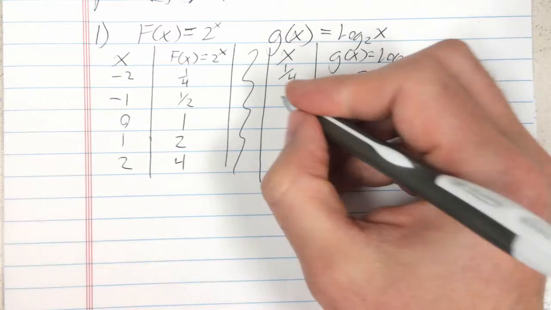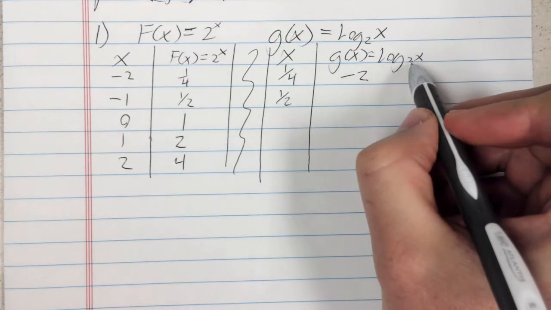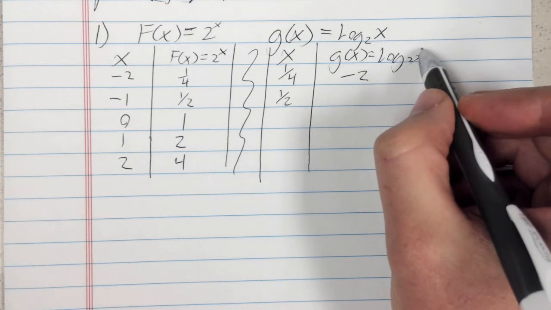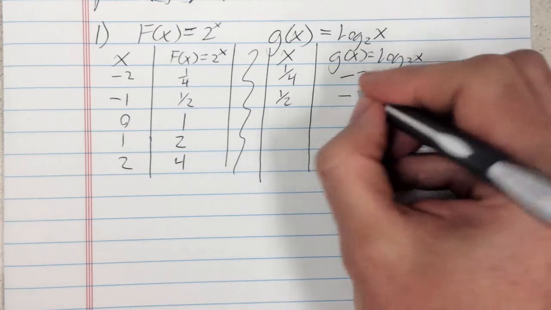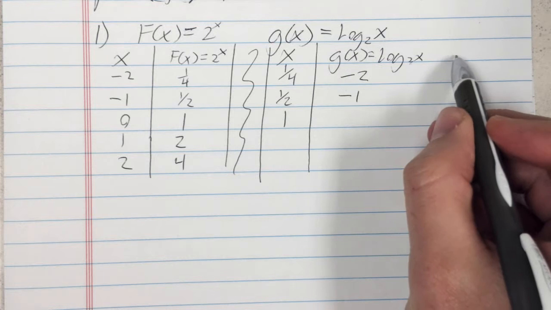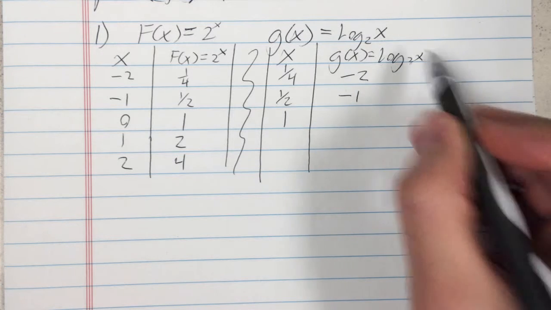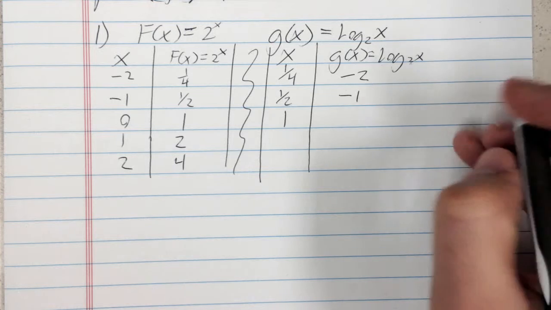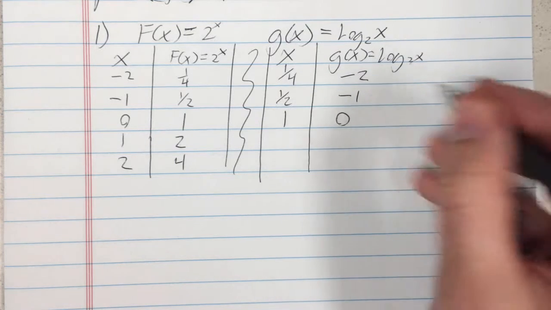What if we plug in 1/2? Log base 2 of a half, 2 to what power would give us a half? Well, 2 to the -1st power. If we plug in 1, 2 to what power would give us 1? Alright, well, 2 to the power of 0.